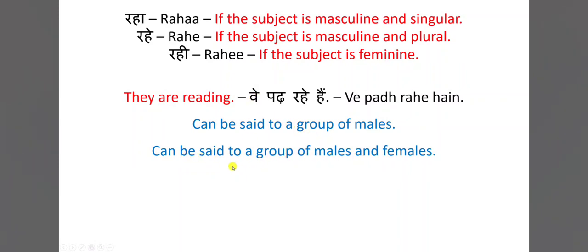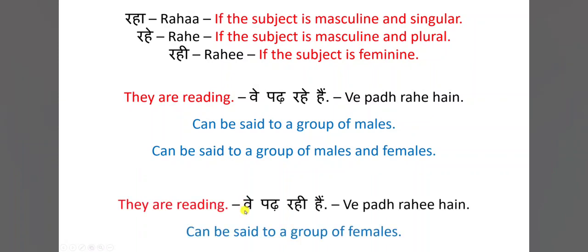Okay. If you want to say this sentence to a group of females, then you will have to say वे पढ़ रही हैं. वे पढ़ रही हैं. वे is they, which is group of females. पढ़ रही is reading, हैं is are. Okay.